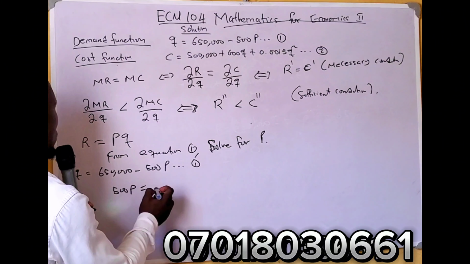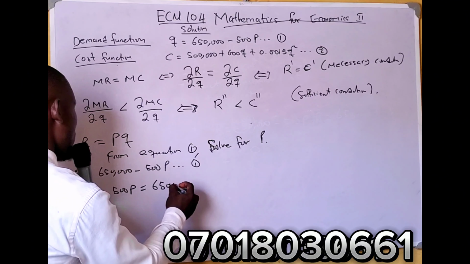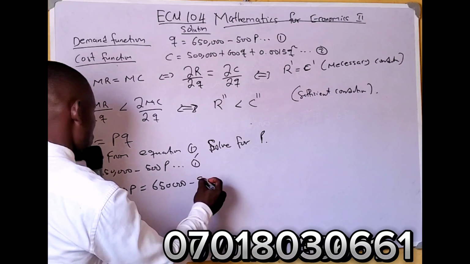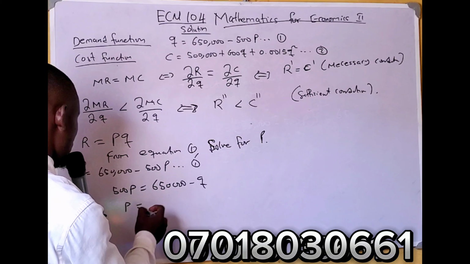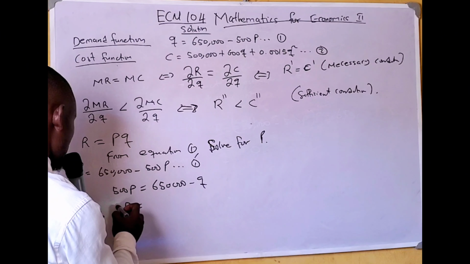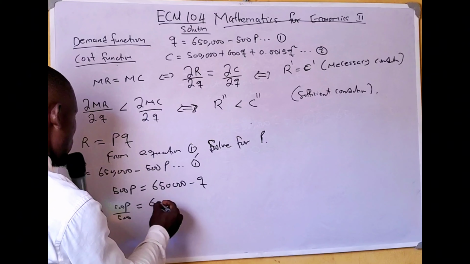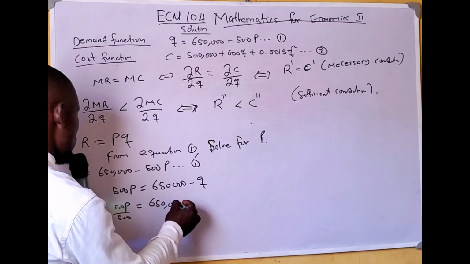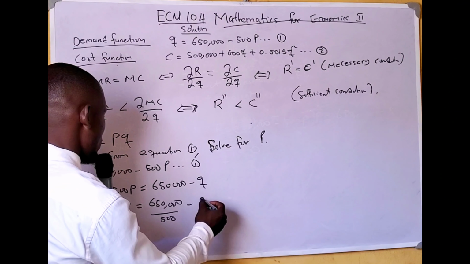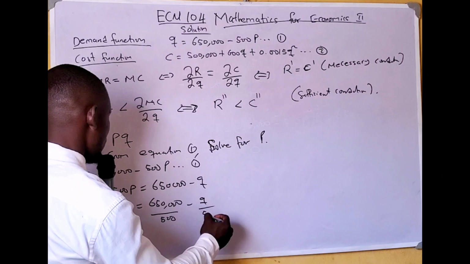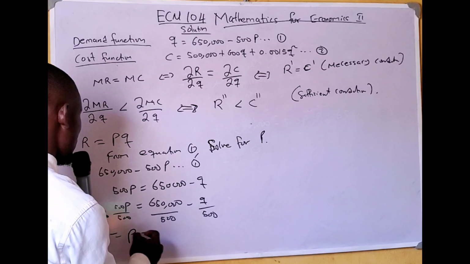So this will now be 500P equals 650,000 minus Q. Divide both sides by 500, so P equals 650,000 divided by 500 minus Q divided by 500.